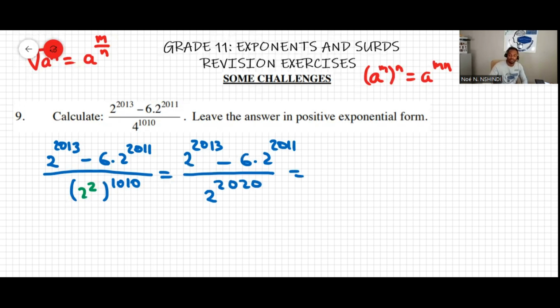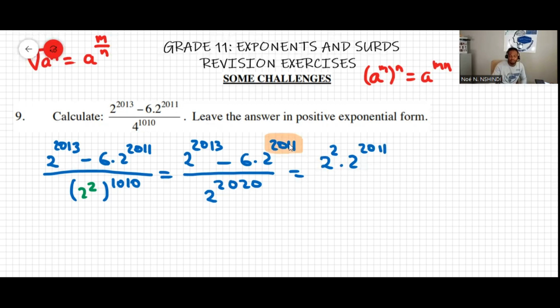Then the smallest exponent here is this one, so I can write each term here in terms of 2 to the power of 2011. I meant to say 11.